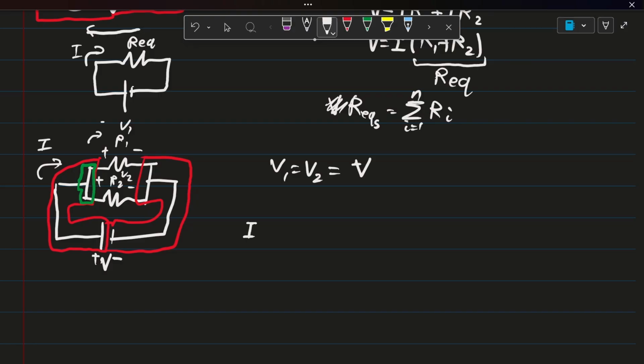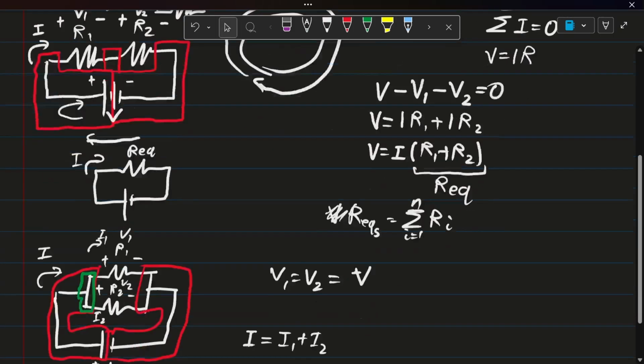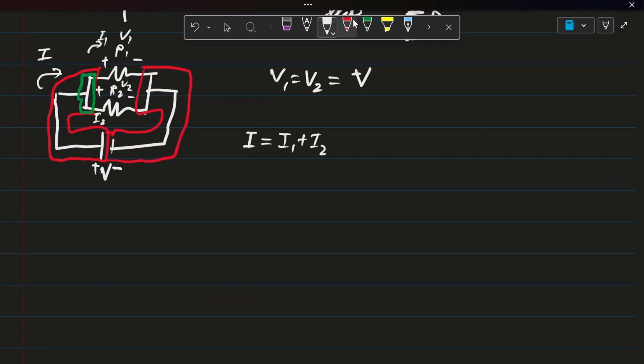We'll call the currents I1 and I2. So I should be I1 plus I2. That's what you get from this theorem, in which the net current must be 0 within the node itself. This also works at this other point, so you see the relation I equals I1 plus I2.